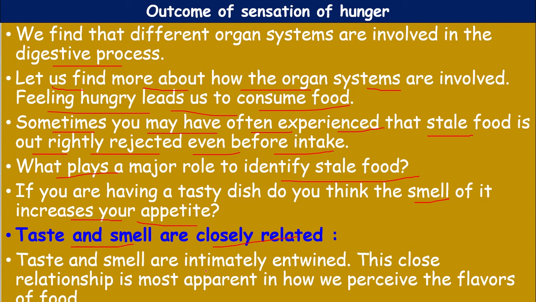The taste and smell are intimately entwined, means connected to each other. This close relationship is most apparent in how we perceive the flavor of the food, the good aroma of the food, odor of the food.